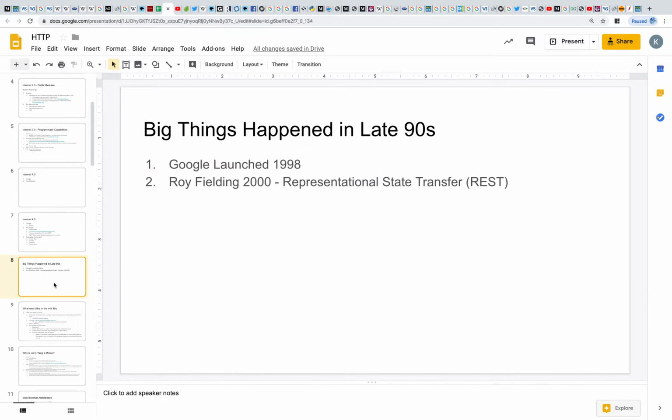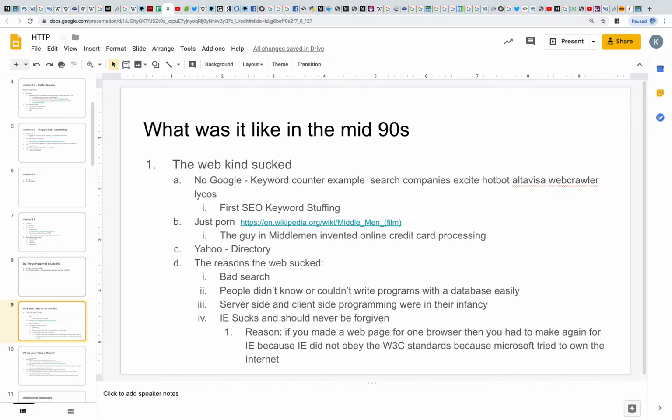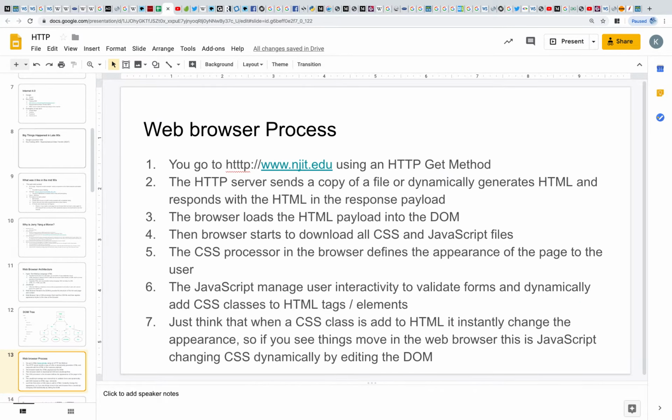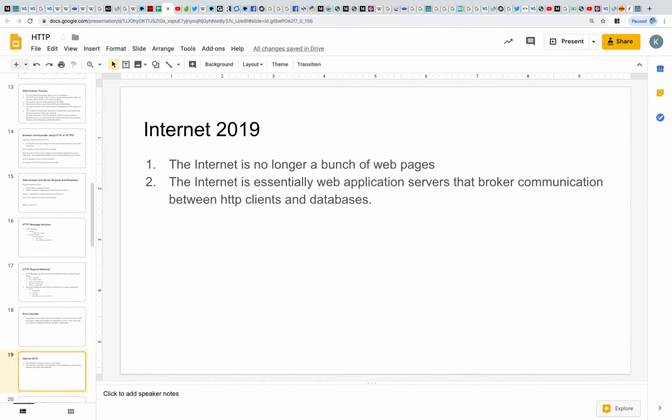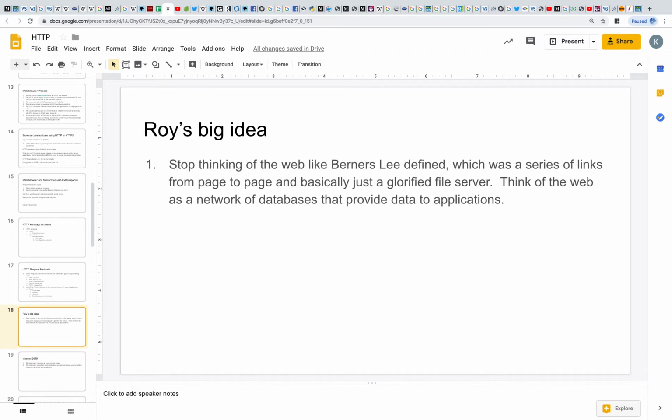Roy's big idea was to stop thinking about the web like Tim Berners-Lee had defined it, which in his mind was just connected data, like connected web pages.